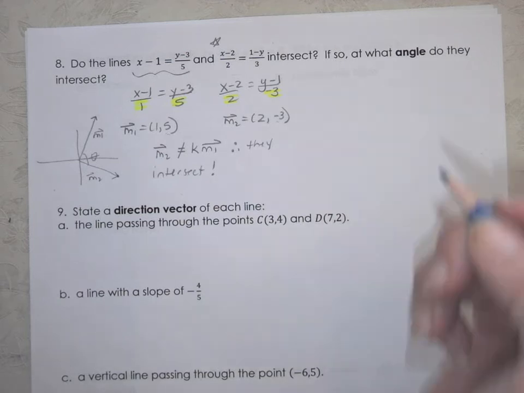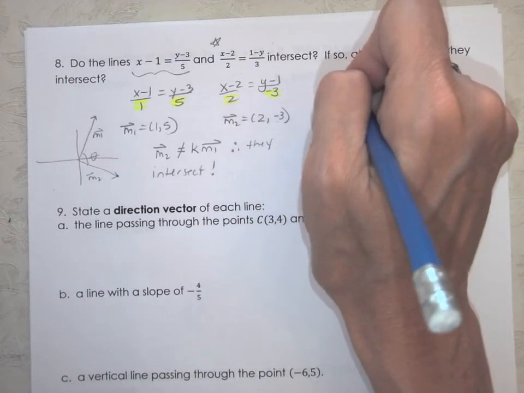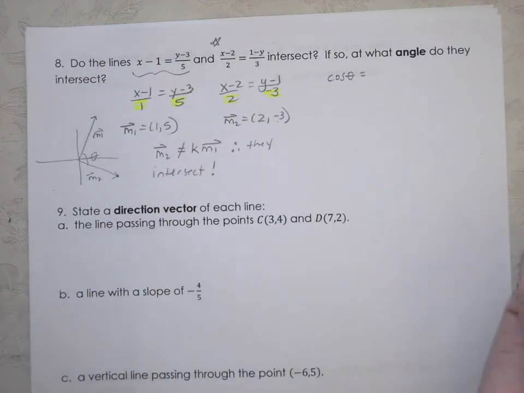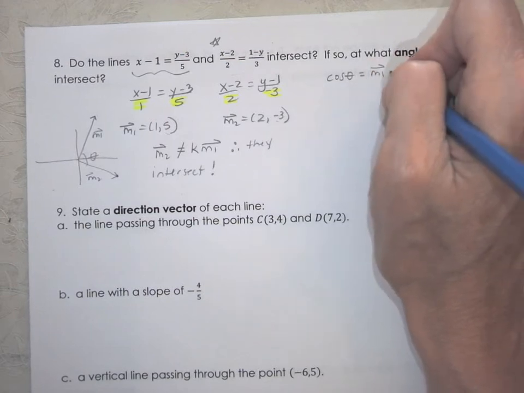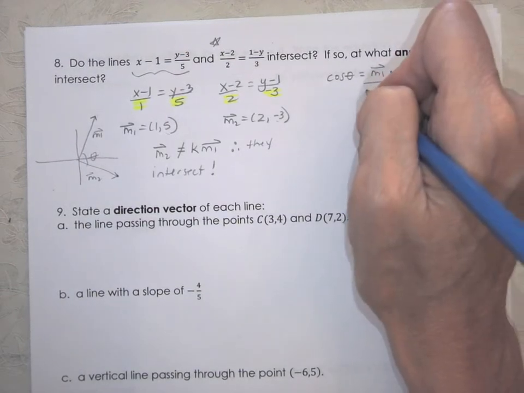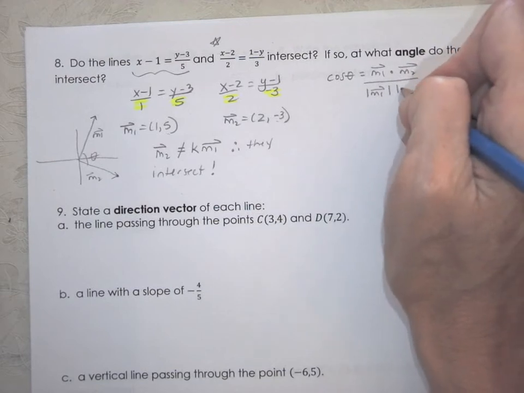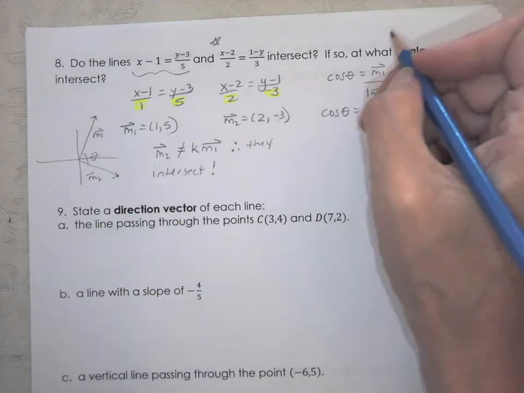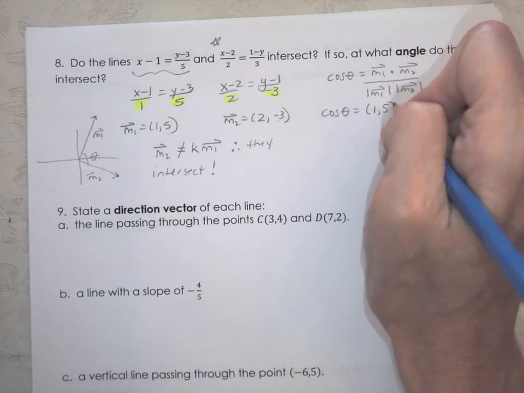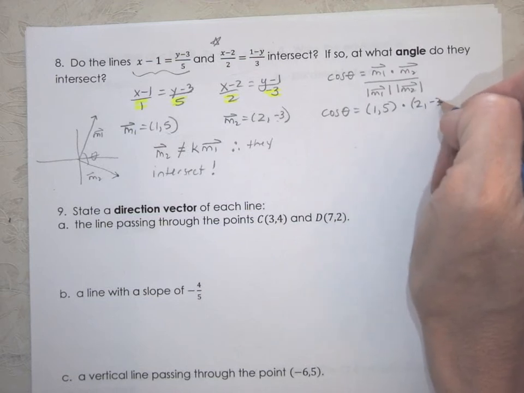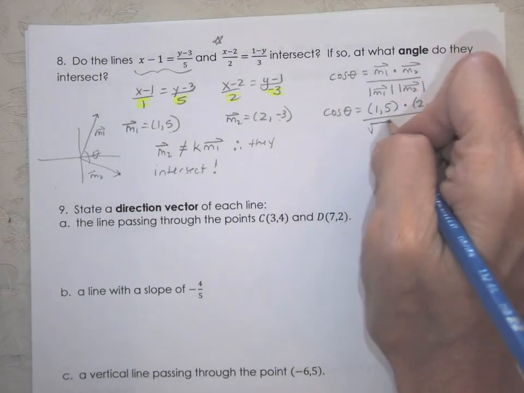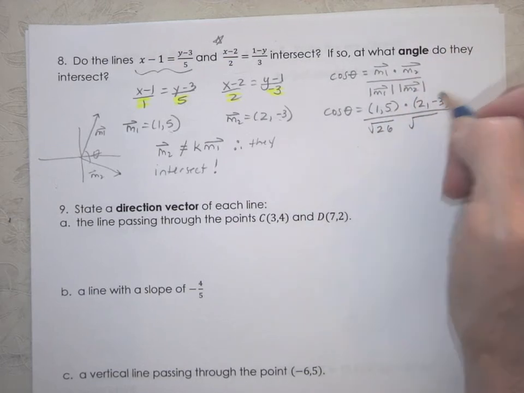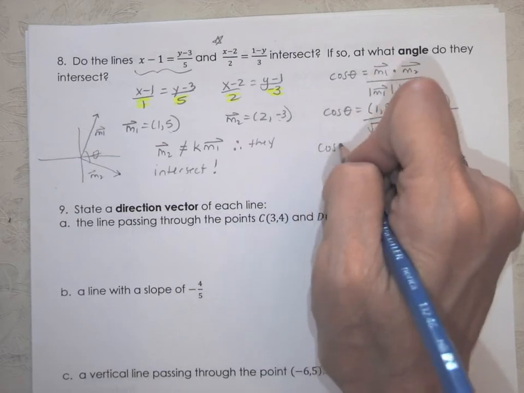So we know how to do that using the dot product. So the cosine of the angle between the two lines is going to be the same as the angle between the two direction vectors. So it's going to be M1 dot M2 over the magnitude of vector M1 times the magnitude of vector M2. So it's going to be (1, 5) dotted with (2, -3) over the magnitude of this vector, which is going to be the square root of 26, times the magnitude of this vector, which is the square root of 13.